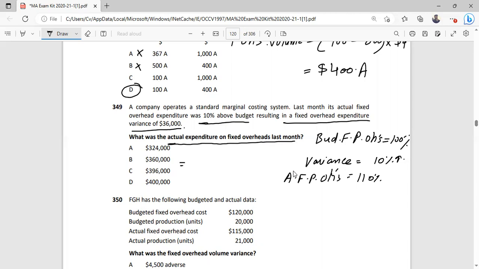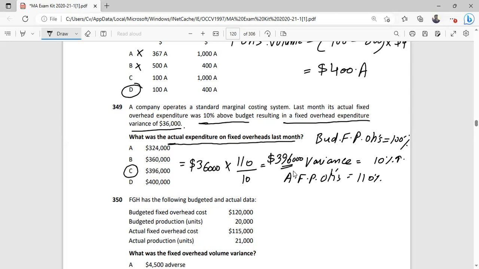That's why we will say that a variance is $36,000, which is 10% greater than the budget, which means $36,000 adverse. Now we need 110% actual overheads divided by this 10%, which is the percentage of the variance, and we can calculate the amount of actual fixed overhead, which is $396,000.